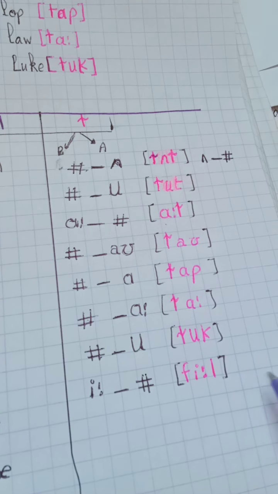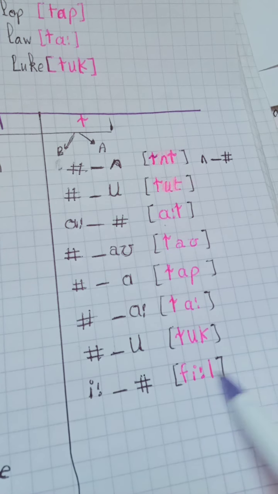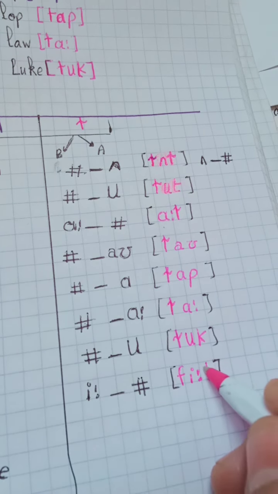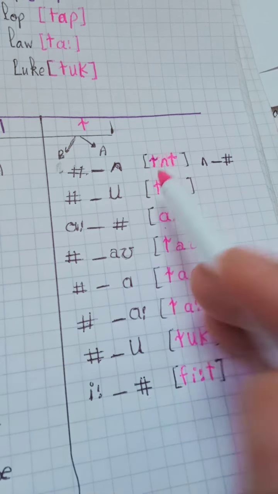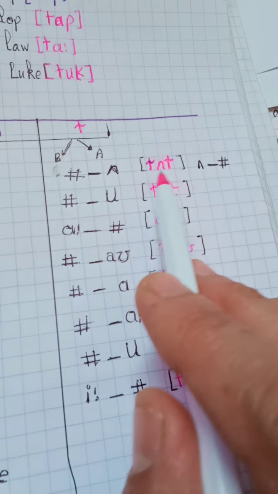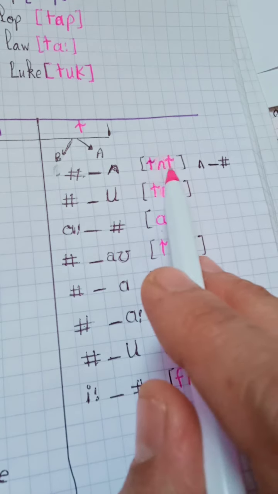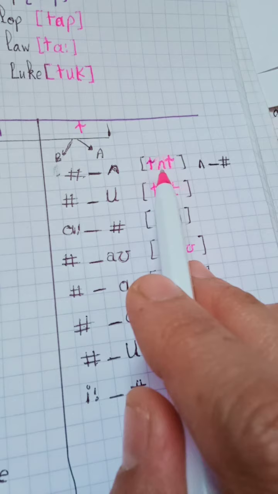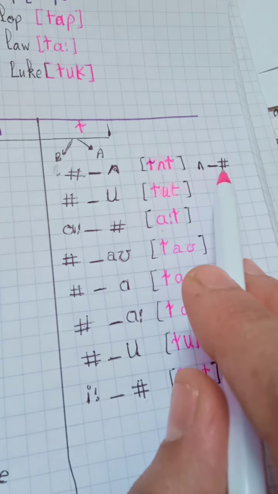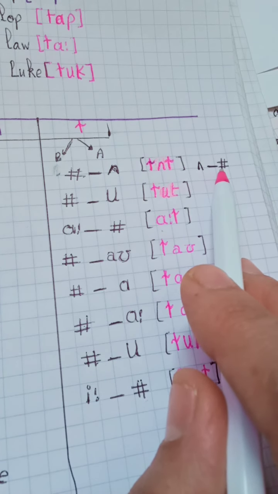We have here another word, feel, in which also the dark L occurs at the end of the word, and also here in this word lol we have two dark L's. One occurs at the beginning of the word and the second one occurs at the end of the word.